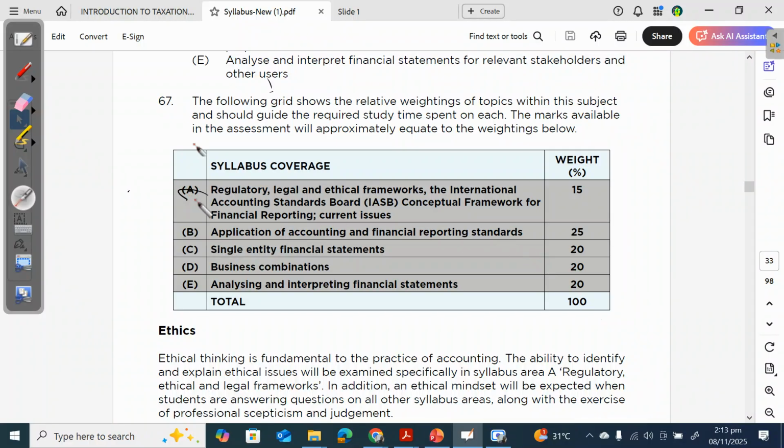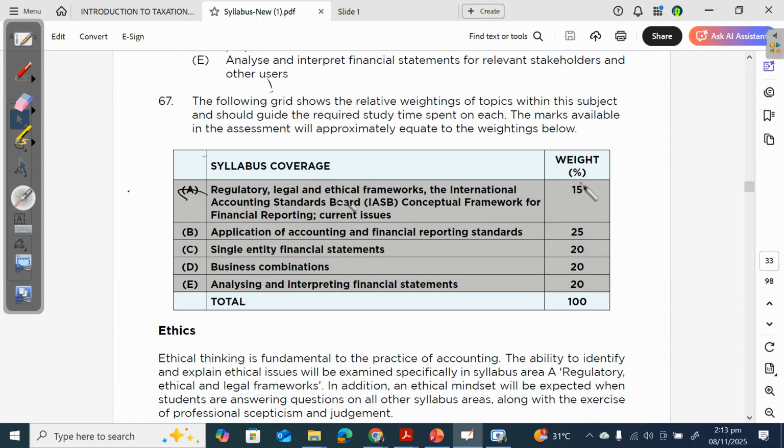So the first area is 15 marks, which is the regulatory, legal, and ethical frameworks, the International Accounting Standards Board, conceptual framework, current issues. Okay, so this is more of, let me say, theory, but then they can give you a case and you have to analyze an ethical case and try and come up with the ethical issues and the current issues.